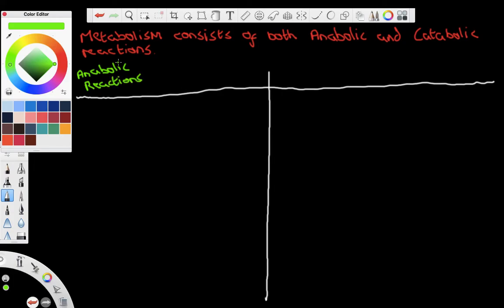Now, anabolic reactions are where larger molecules are made from smaller ones.